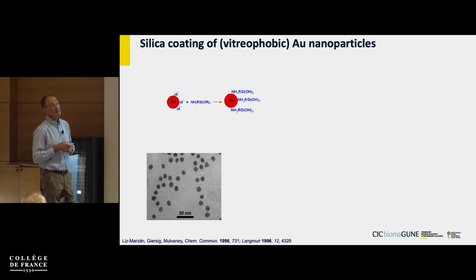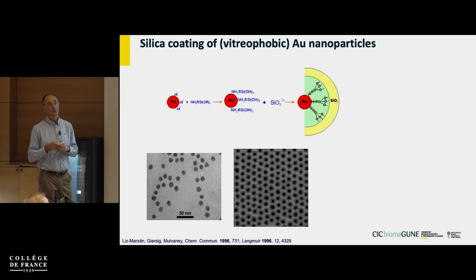And then after many attempts, we came up with the idea of using so-called silane coupling agents, which have, for example, an amine group on one side and a silicon hydroxide group on the other side. And so the amines are likely to bind these citrate capped particles. And then you have the silicon oxide, which allows you to grow uniformly silicon oxide on top of the cores.